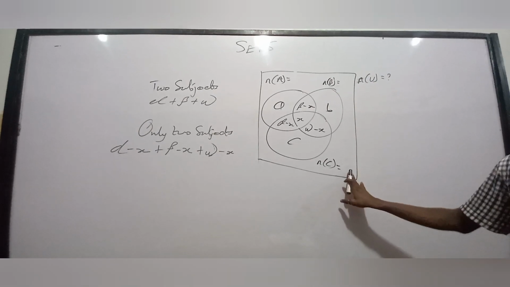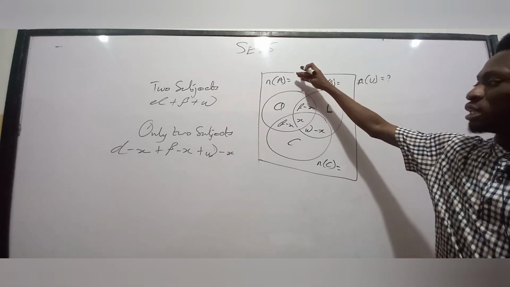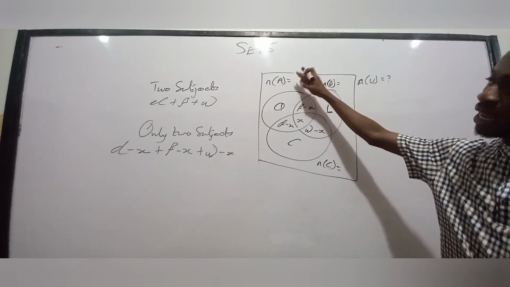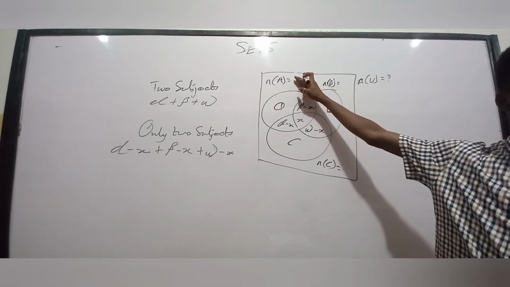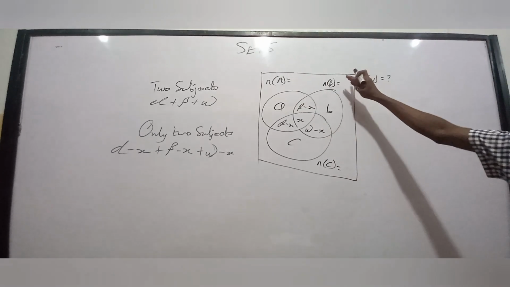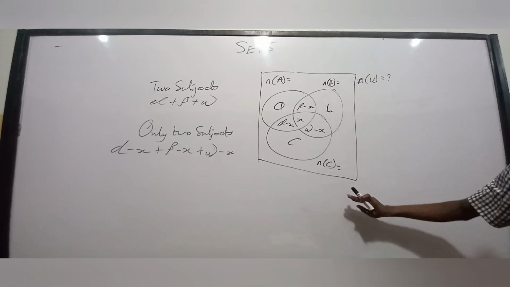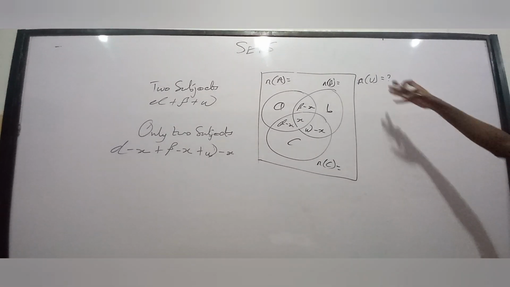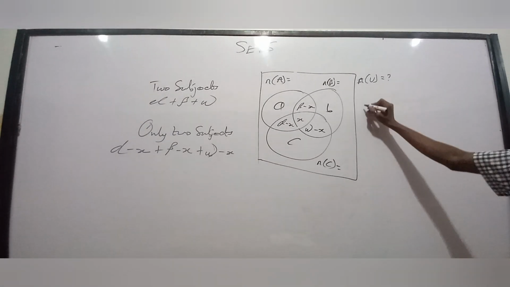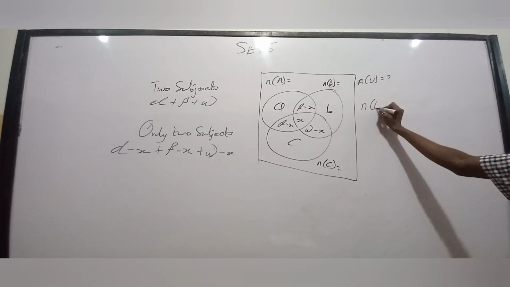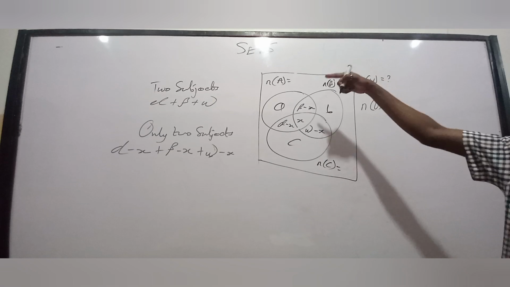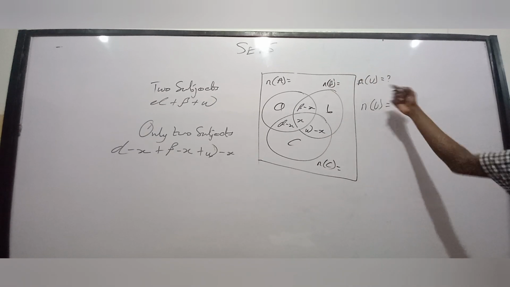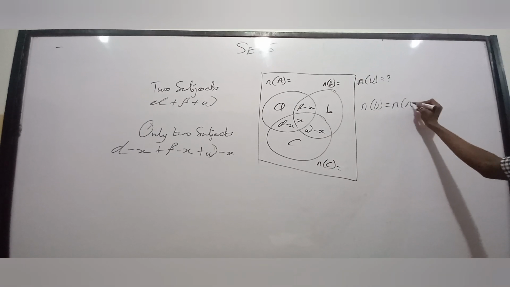Okay, so now let's see how we can find the union when we are given this, that, and that. So when we are given the totals, which is the total number of Americans, the total number of Brazilians, and the total number of Canadians, how do we find the universal? So the formula goes this way. If you are given the totals, add the totals.